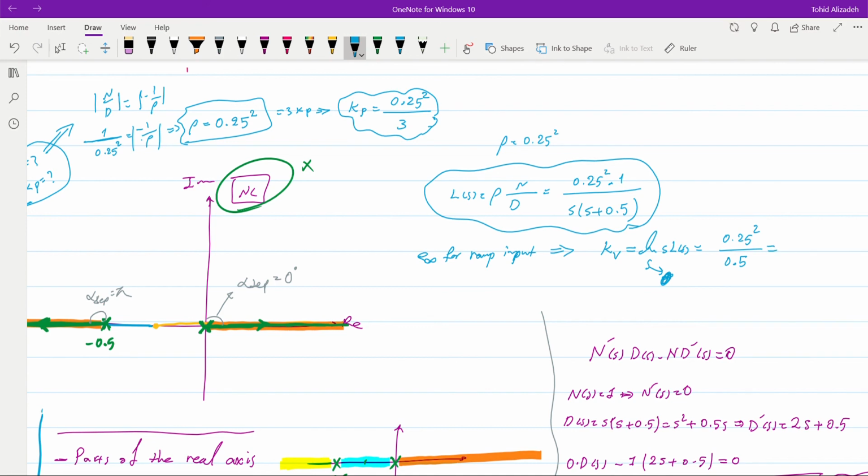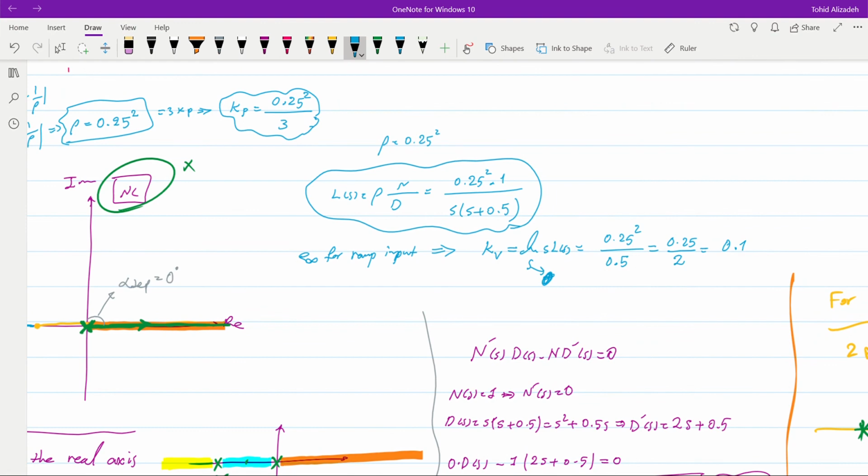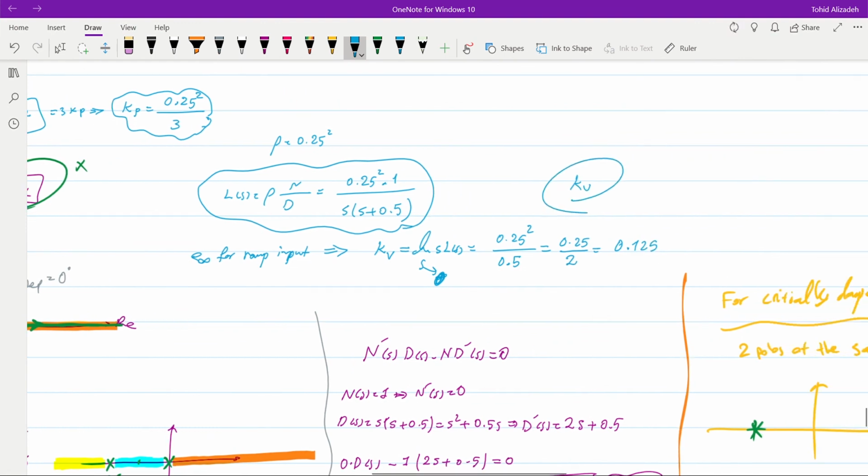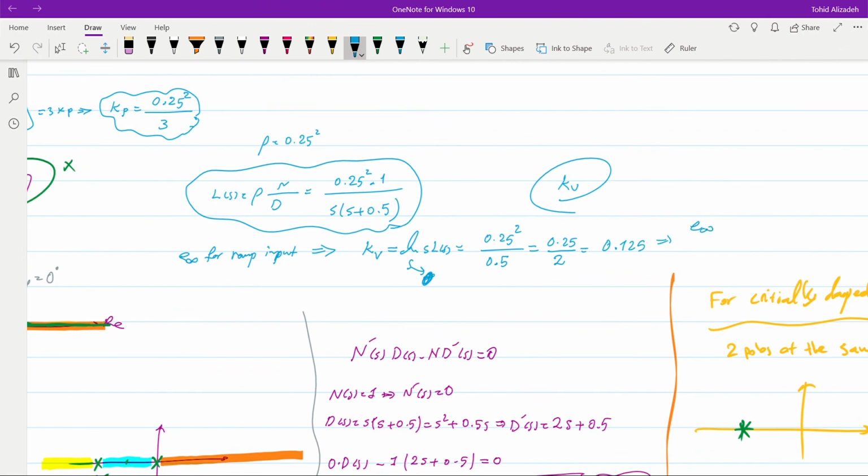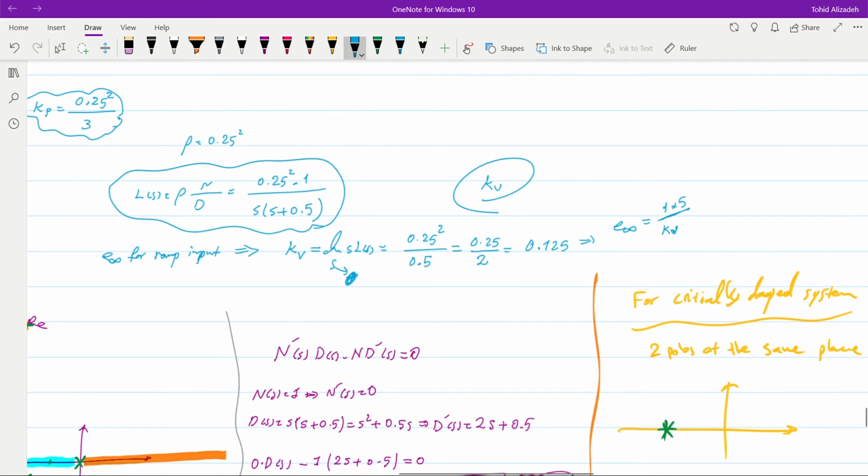And we will get 0.25 over 2, which will be equal to 0.125. So we have value for Kv. In order to obtain the steady state error for the unit ramp, we have it in the form of 1 over Kv. But since here we have 5 times ramp, we will have 1 times 5 over the value of Kv. So we will have 5 over 0.125. This will be our steady state error.